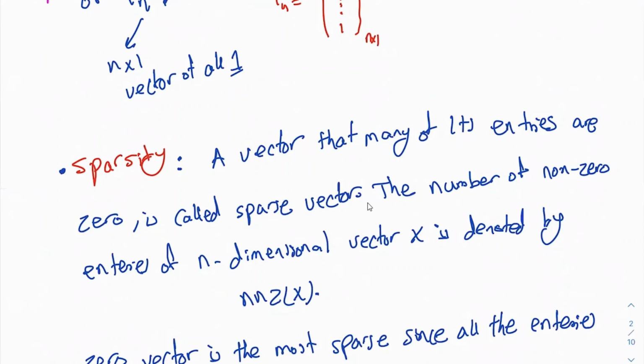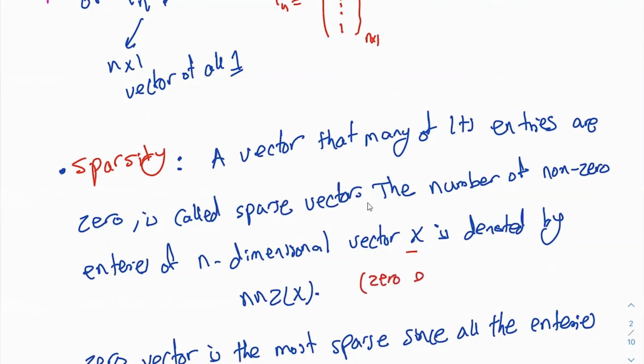Okay. Now, for the sparse vector, there is a term used to define the number of flops, floating point operations, and the time complexity and space complexity, called NNZ, of an n-dimensional vector x. It's defined as the number of non-zero elements because the zero elements do not contribute to the number of flops. So I will write it here.